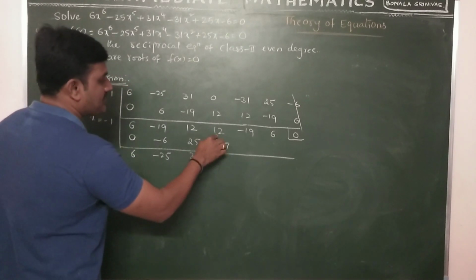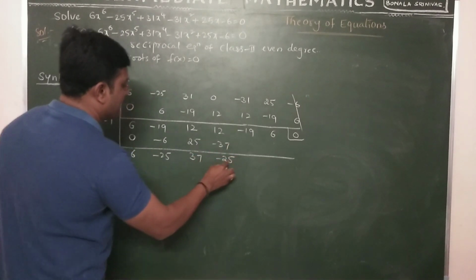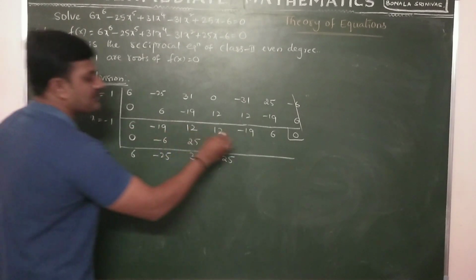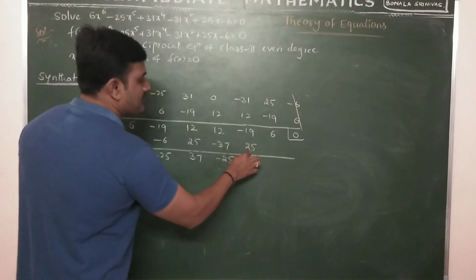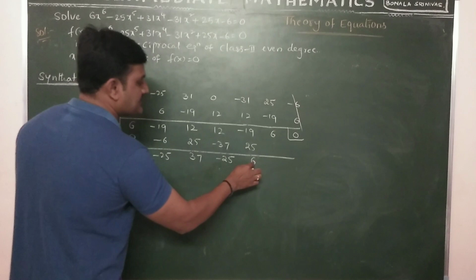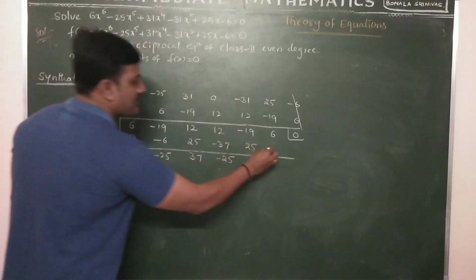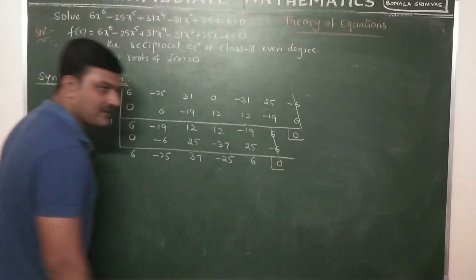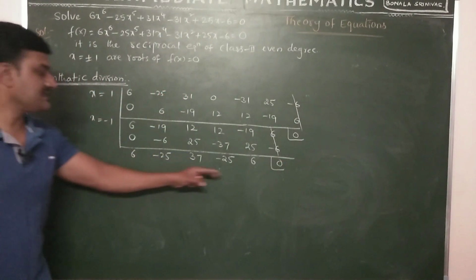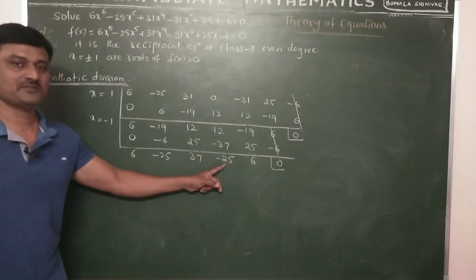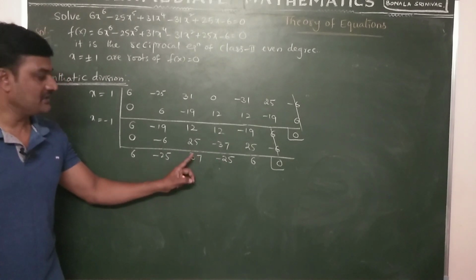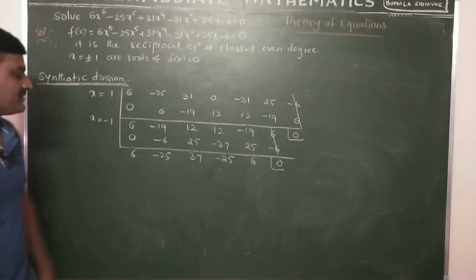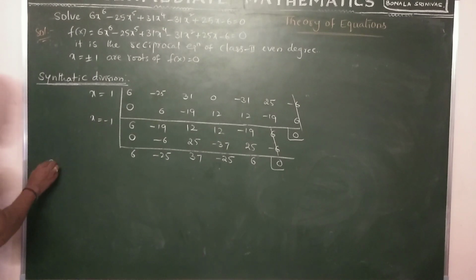Minus 37 plus 12 is minus 25. Minus 25 into minus 1 is plus 25. Plus 25 minus 19 is 6. 6 into minus 1 is minus 6. 6 minus 6 get cancelled. Again observe 6, 6, minus 25, minus 25. The middle one is only one, that's why only single. Okay, 37.